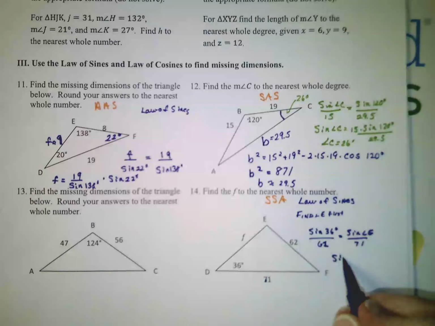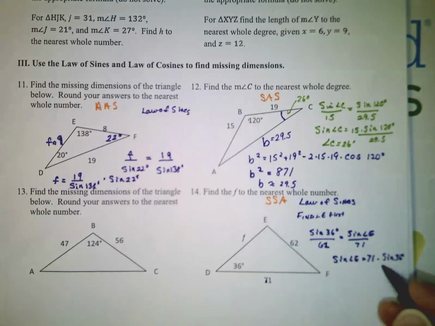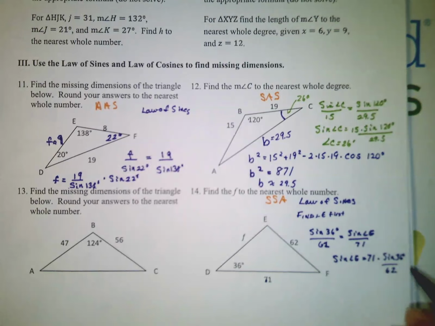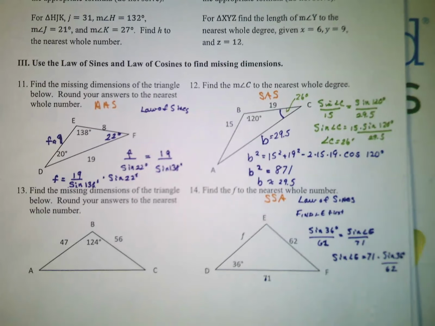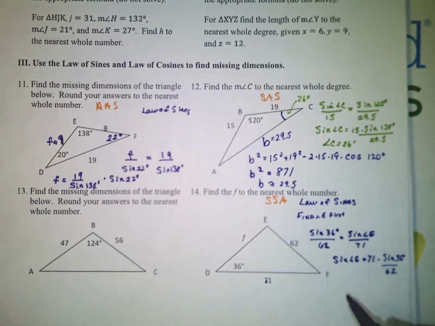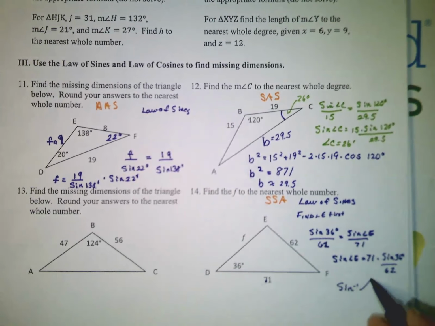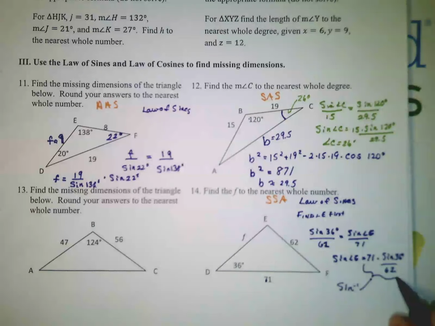So the sine of angle E is going to equal 71 times the sine of 36 degrees divided by 62. And we can then do inverse sine on all of this.